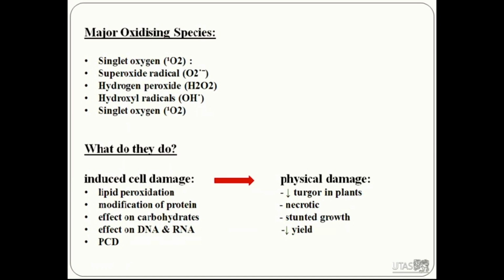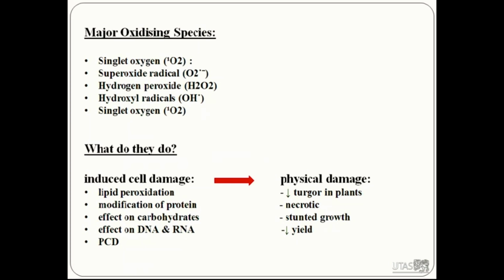But when present excessively, when the balance between production and elimination of ROS is disturbed due to stress like water loss, salinity, drought, etc., it will disrupt cell function, which induces cell damage by inducing the degradation of pigments, proteins, lipids, and nucleic acids, which ultimately results in cell death.